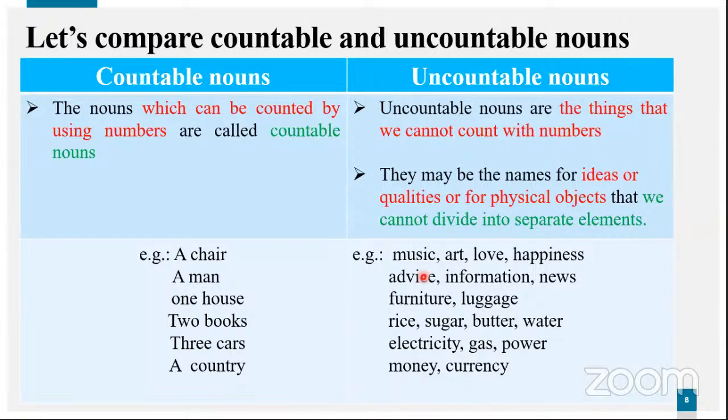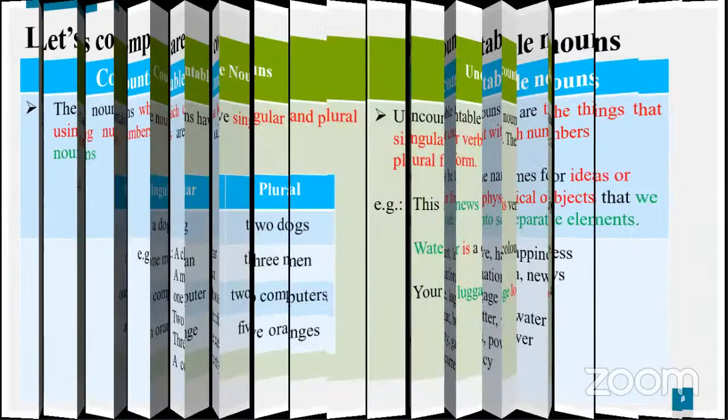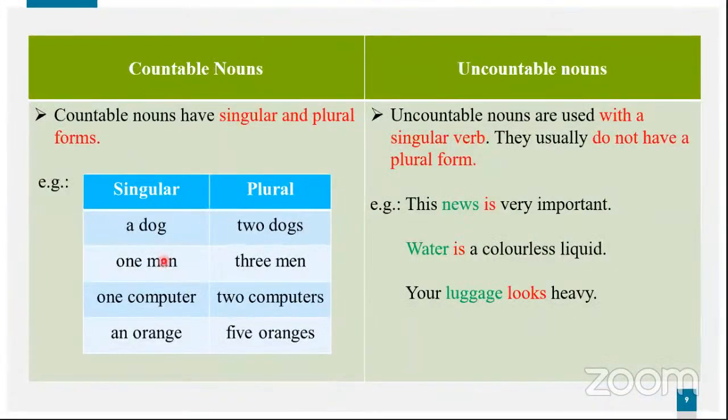That is the first difference between countable nouns and uncountable nouns: being countable and being uncountable. Take a screenshot. I will go to the next difference, the next point.